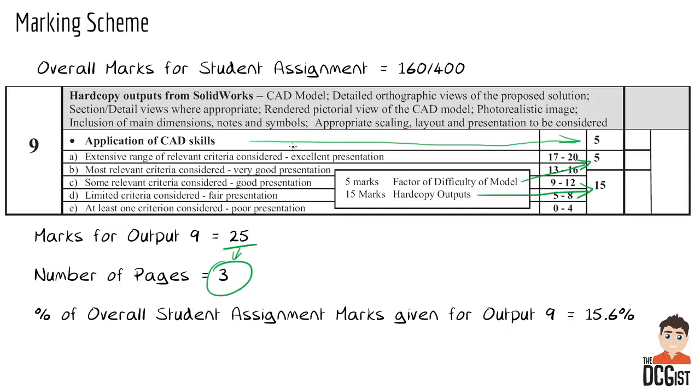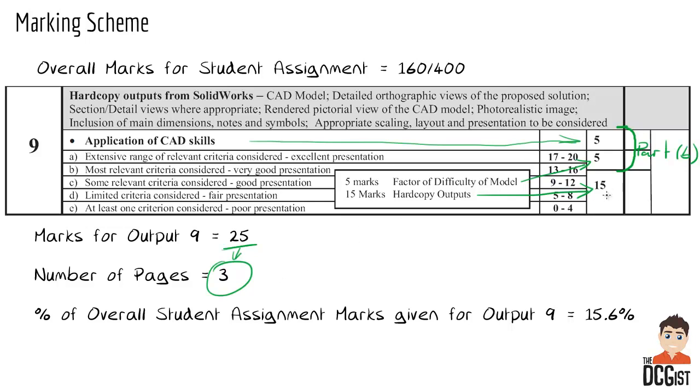Now, in terms of this, the application of CAD skills and the factor of difficulty of the model, these 2 are going for your part B model. So when you have designed your artifact and modeled it, there's 10 marks going for that, for the application of your CAD skills, and then for how difficult that model is to actually model in Solidworks.